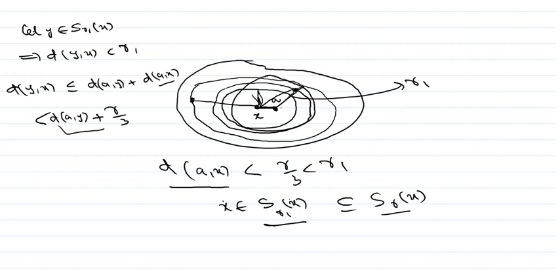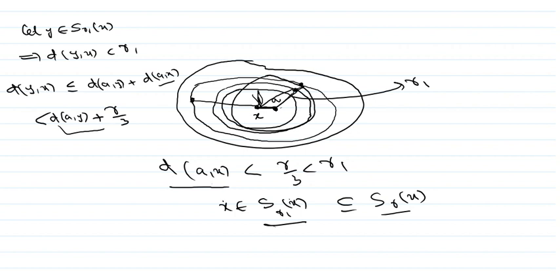Distance between a and x is less than r by 3, that's clear here. So r1 is less than 2r by 3. This is r1, it's less than 2r by 3, so 2r is somewhere here.